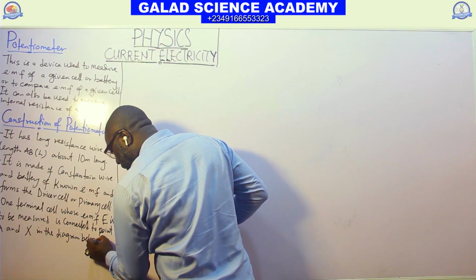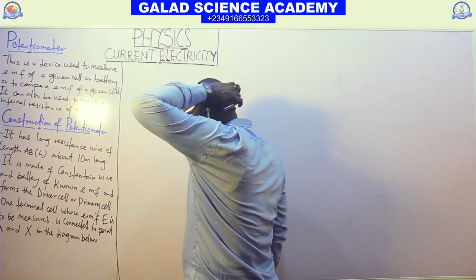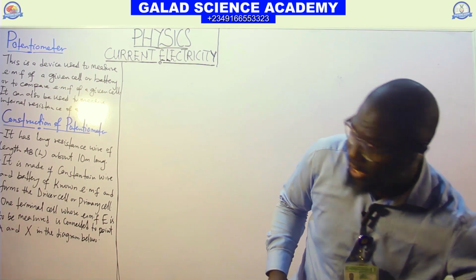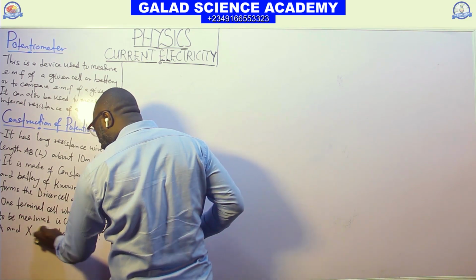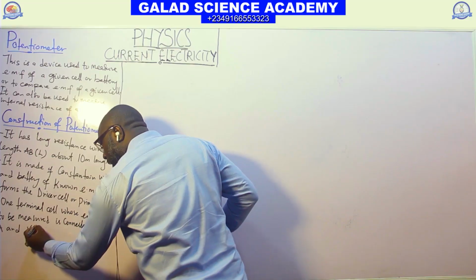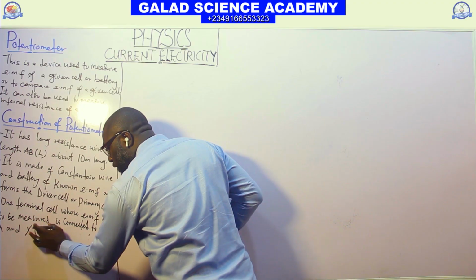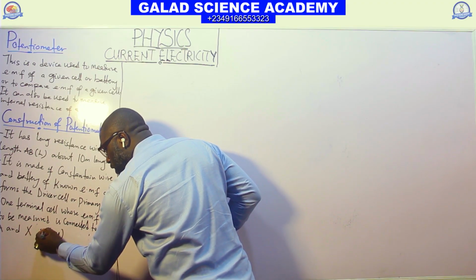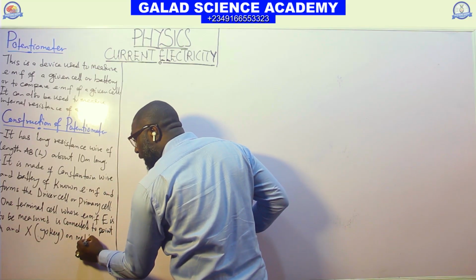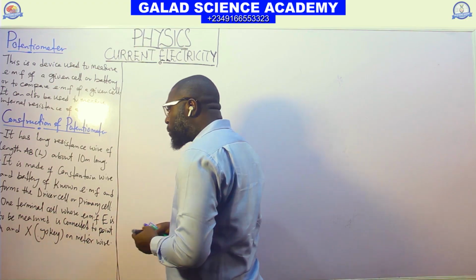I will draw the diagram now. We add the point of connection on the meter wire. We call it the jockey. The jockey is what we use to make the connection on the meter wire.